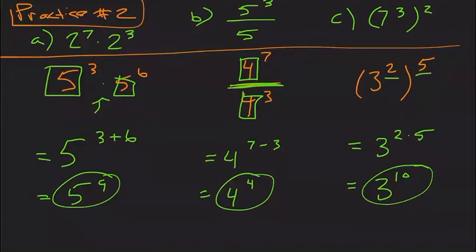We have 2 to the 7th times 2 to the 3rd, 5 to the 3rd over 5, and 7 to the 3rd raised to the 2nd power. So again, let's pause the video. Let's give these a try.